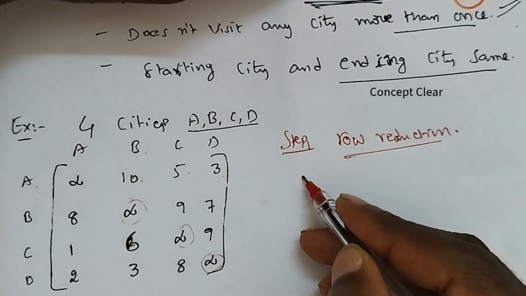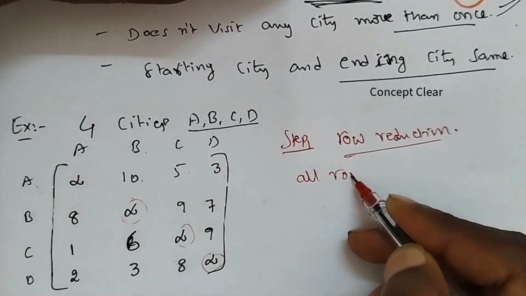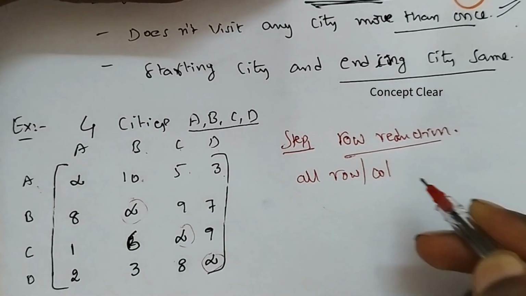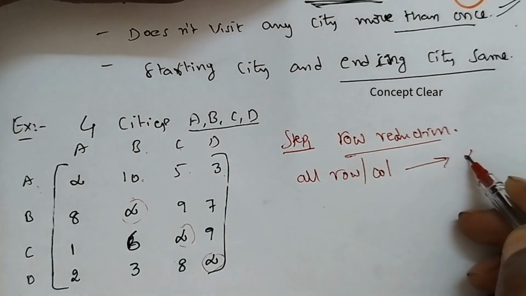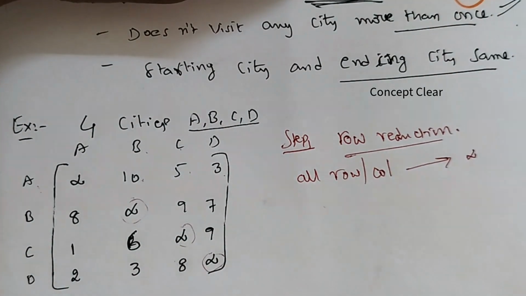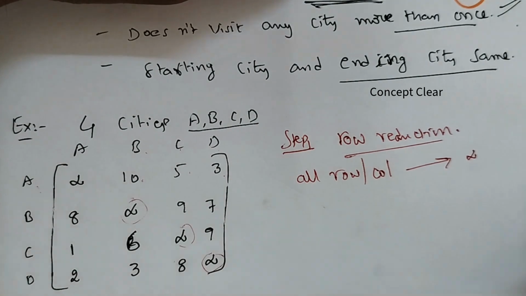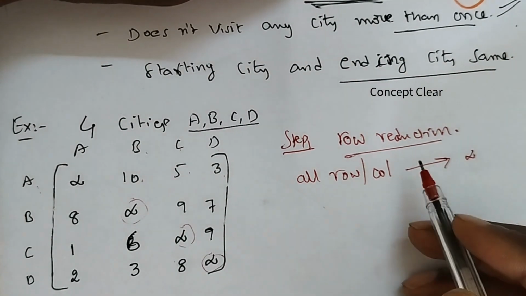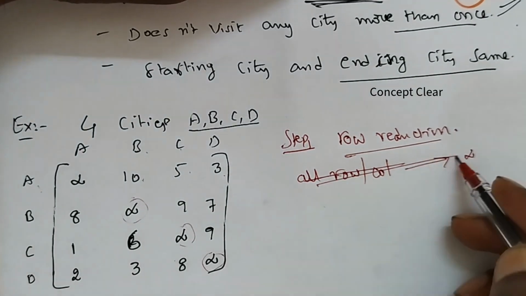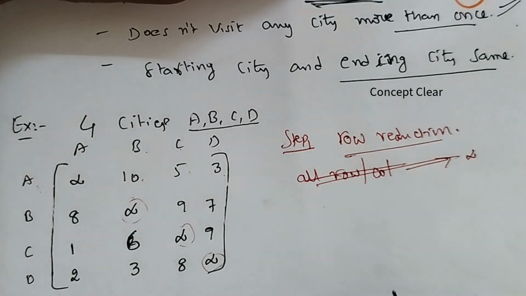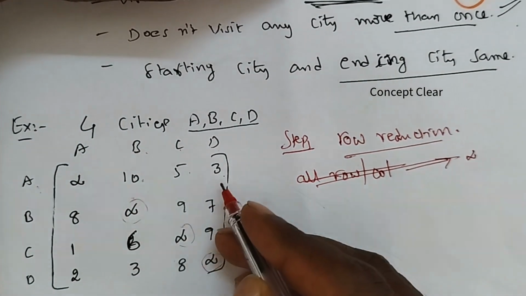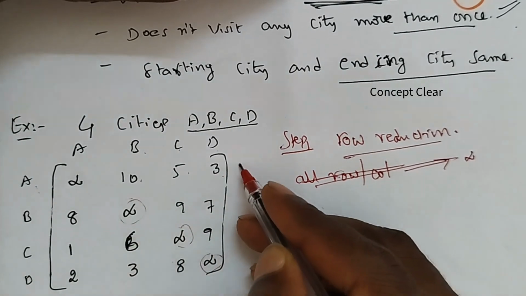If a row or column contains all infinity, then there is no need to perform the reduction. Initially we have to perform the row reduction with the minimum element. In this row, the minimum element is 3.